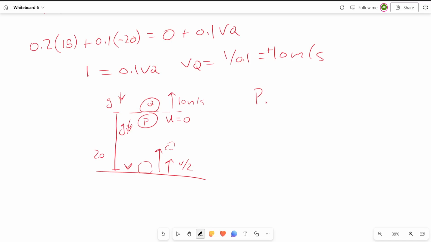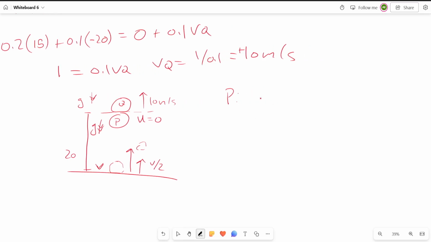So for P, we are going to have U as 0, and I'll take downwards as positive to make my life easier. I know that my acceleration is now equal to 10 because it's pointing downwards. I need my V, and I have my S because this is 20, so it's going to fall this distance to the ground, which is 20 meters, and it's also downward, so it's also positive.